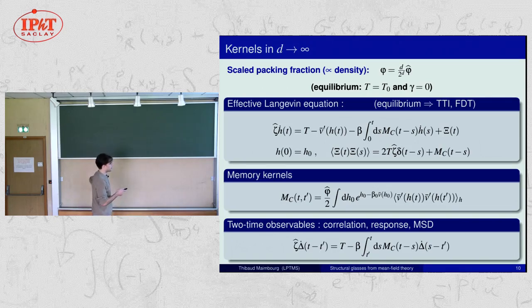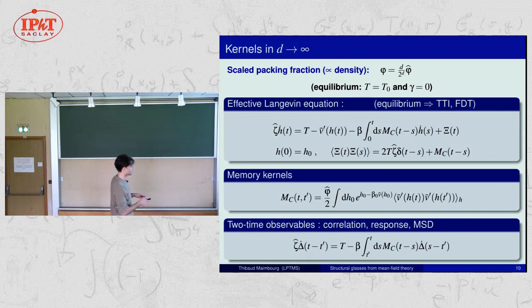All right, in this equation, you know everything except this memory kernel. And this memory kernel is actually computed, so it's proportional to the density. And it's basically a force, so V prime correlation function that has to be computed on this process.